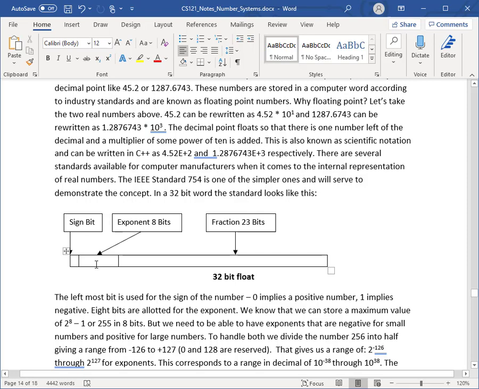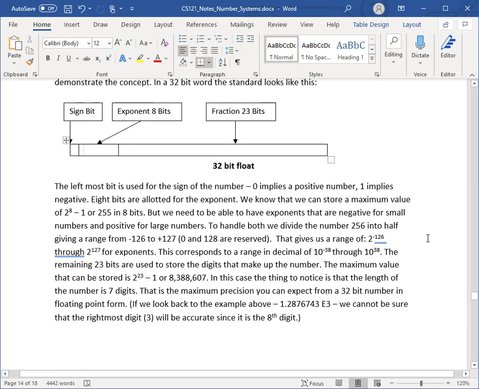Then a certain number of bits are set aside. In this case, we're showing 8. So we have a certain number of bits to represent the exponent, that is the power of 2 or the power of 10. Then the remaining bits represent the number itself. So if we have a 32-bit word, then we're going to use 9 bits to represent the sign and the exponent.